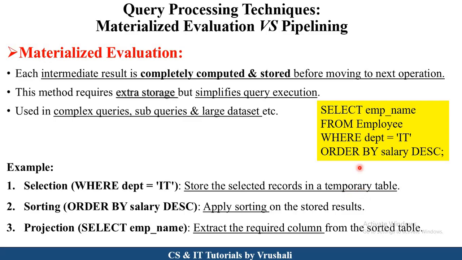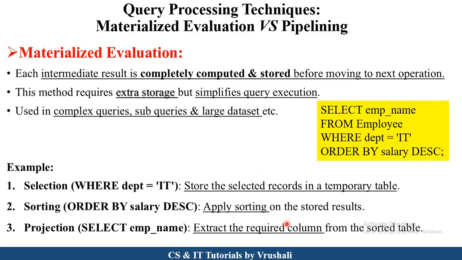Now the next condition is order by salary descending. So it applies this order by clause on the temporary table data. It arranges all the employees with salary in descending order. After that, this temporary table result is sent to the select statement.